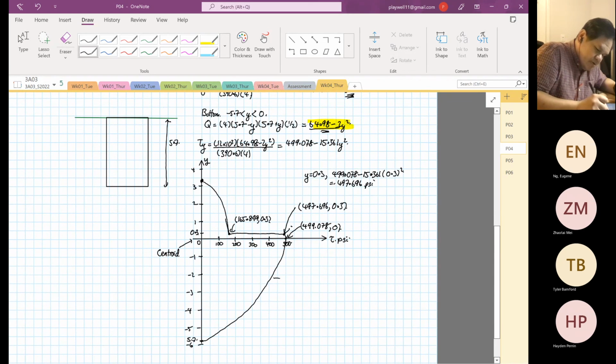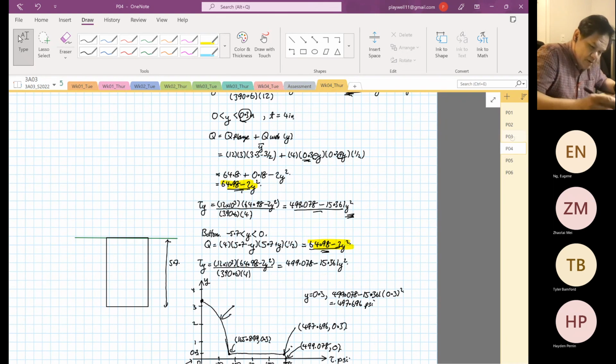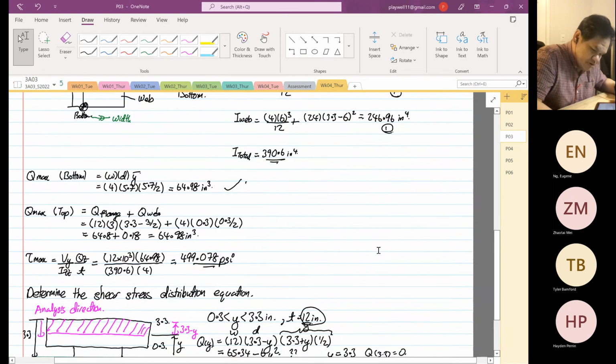And then you write down the shear stress equation, which is equal to 499.078 minus 15.36 y squared. And this over here corresponds to the other formula, which is this one.